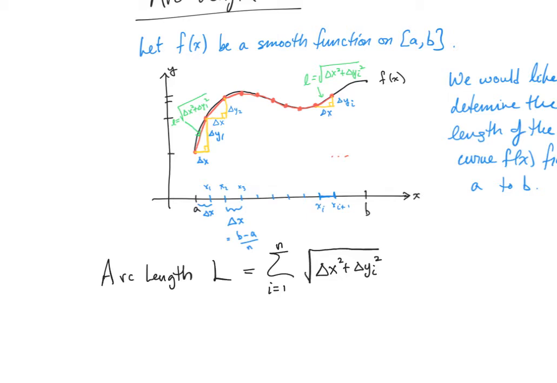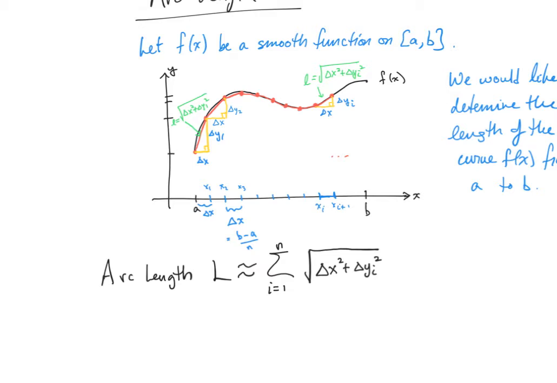That wouldn't be equal to the arc length, but it would be an approximation, right? It would be a good approximation. So I hope that makes sense.